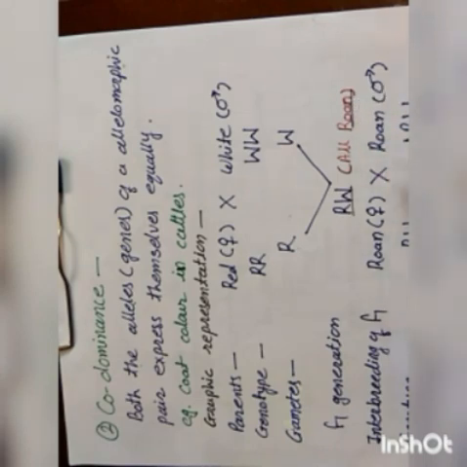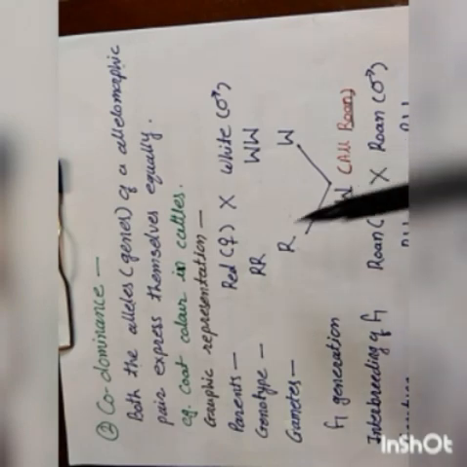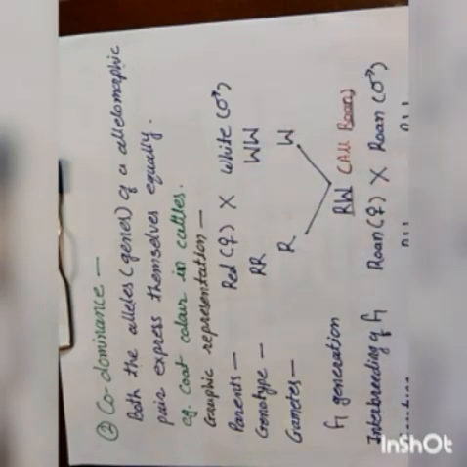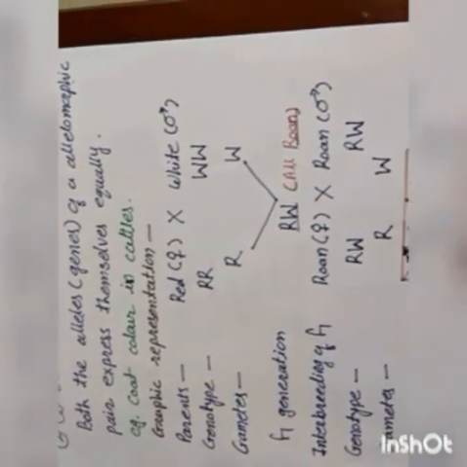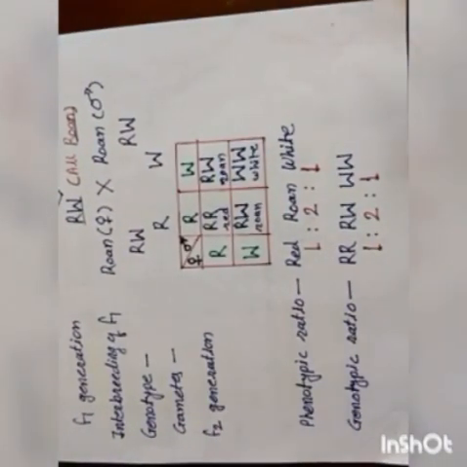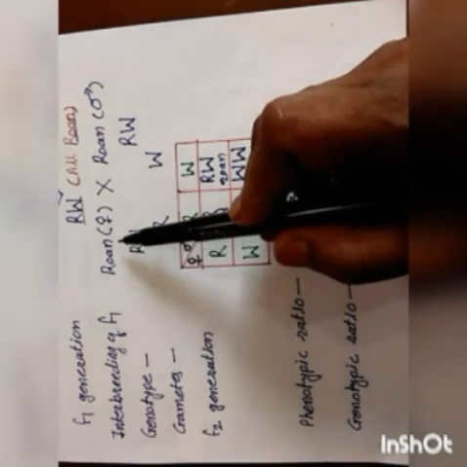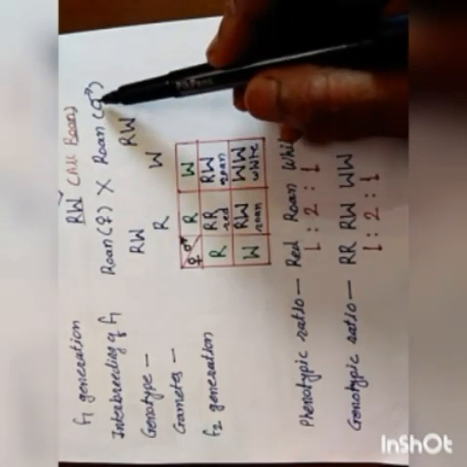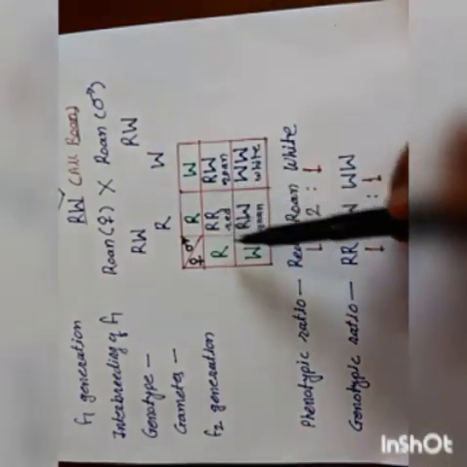When these Roans are interbred with each other, the F2 progeny is obtained, and in the F2 progeny these parental red and white varieties are also redeveloped. See here how. When this Roan cow is crossed with a Roan bull, then the F2 progeny is obtained.